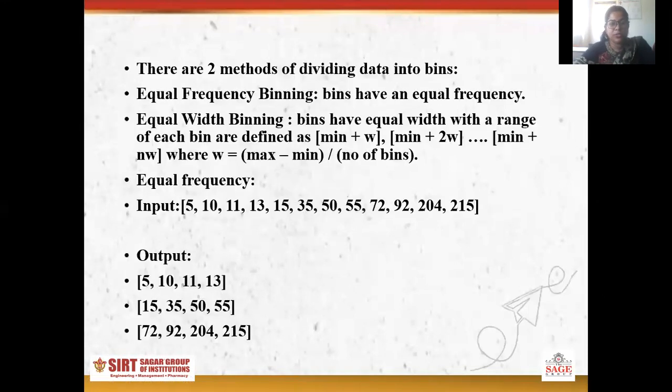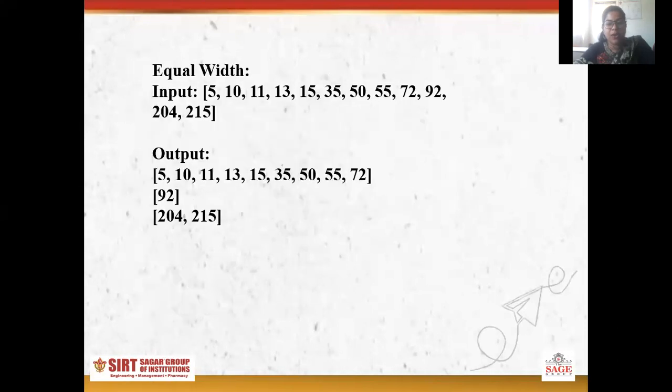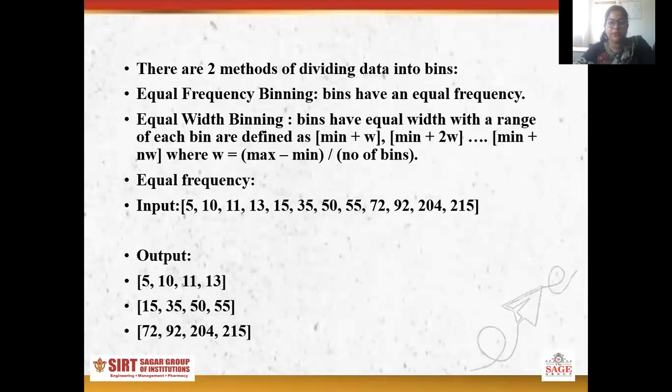Now equal width. For equal width, we find max minus min: max is 215, minus 5 is 210, and we divide by the number of bins that we want.